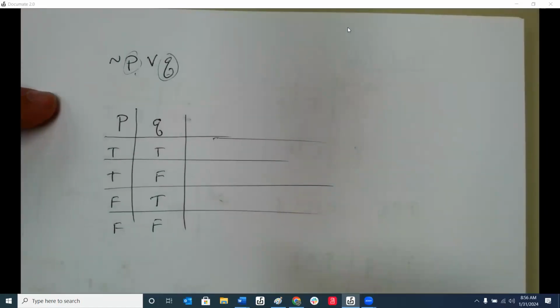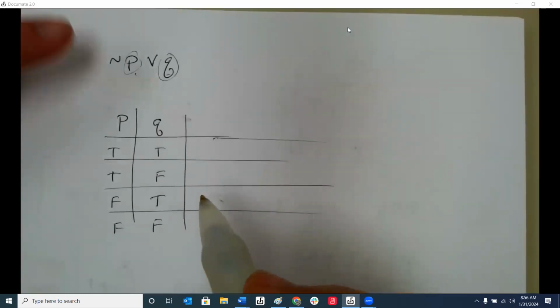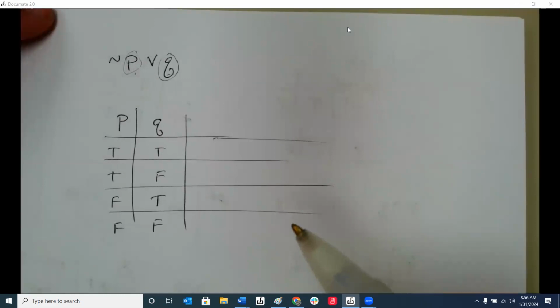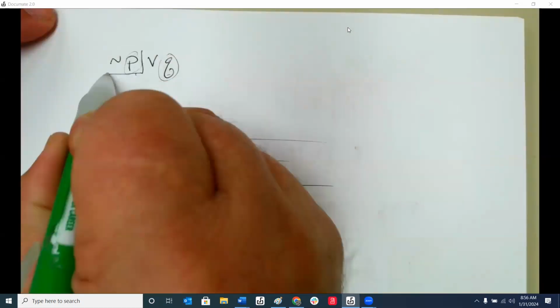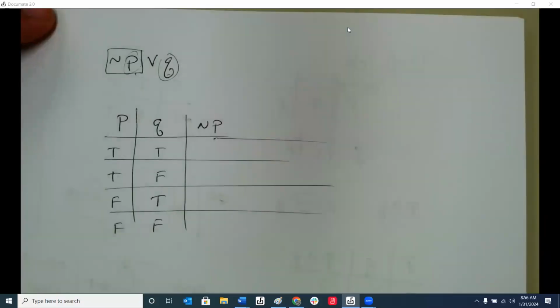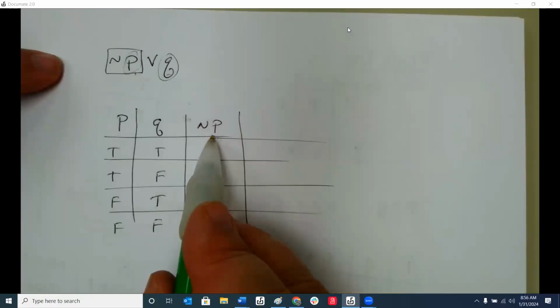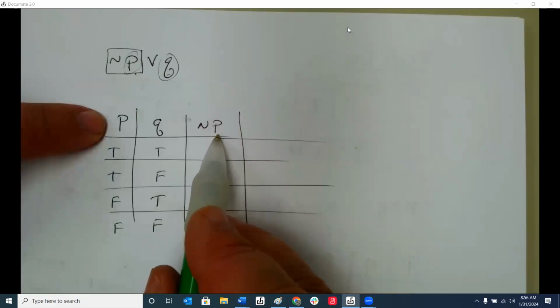So in order to build this, what's the first thing we need? Reading left to right, what do you do first? You have to find the not P. So what's not P going to be? Well, look at the P column.